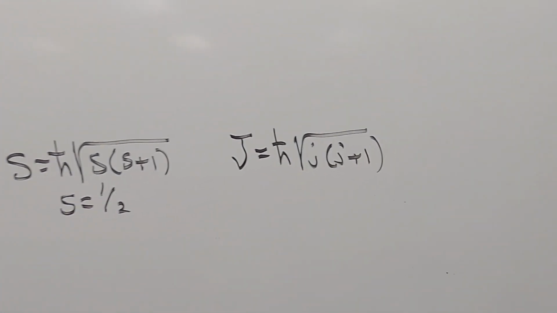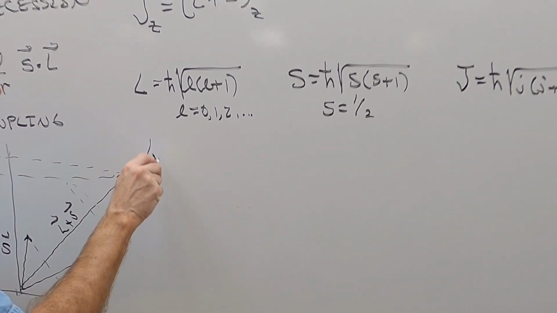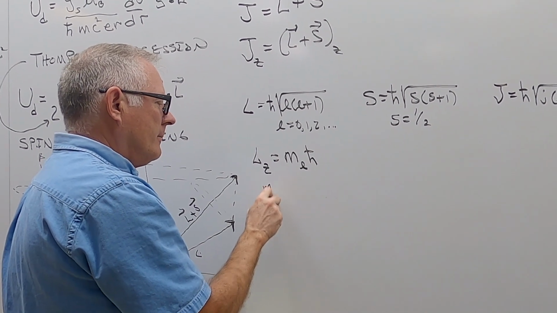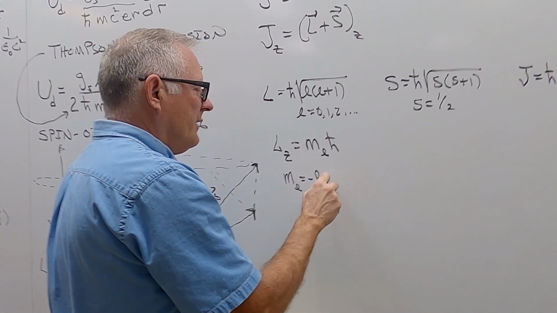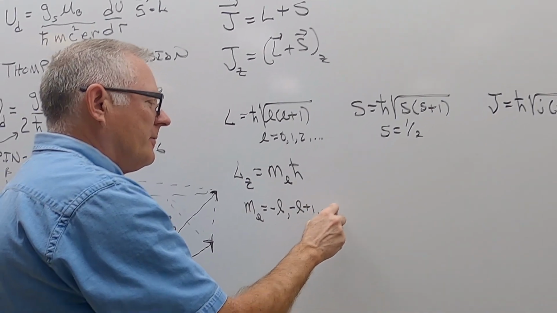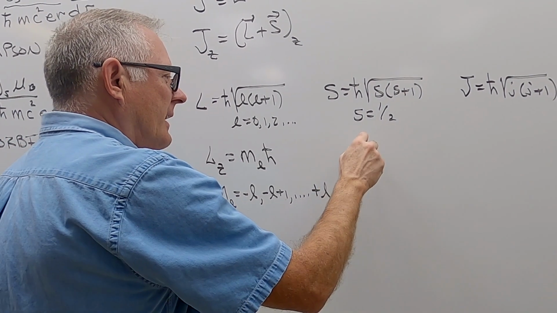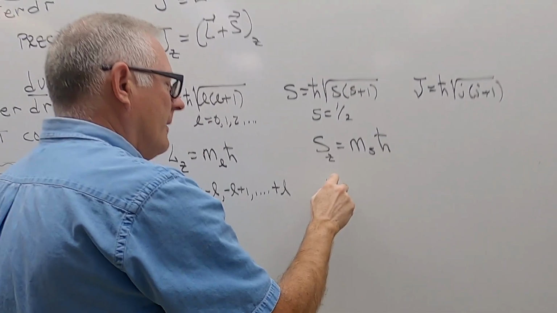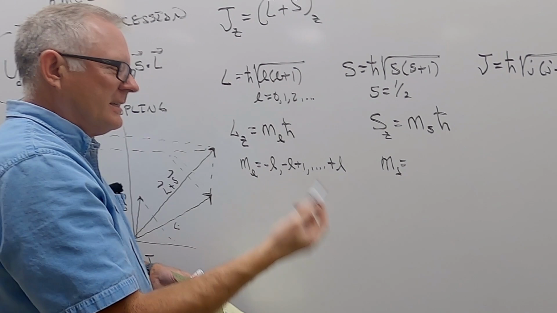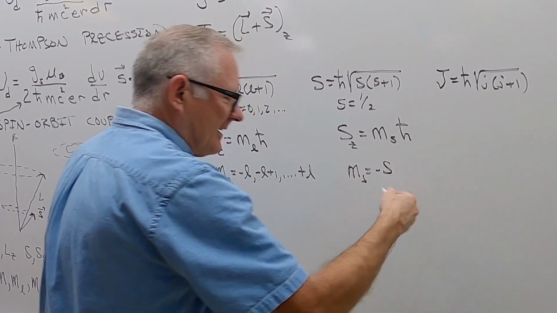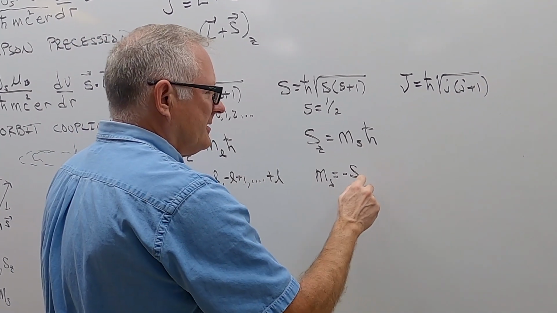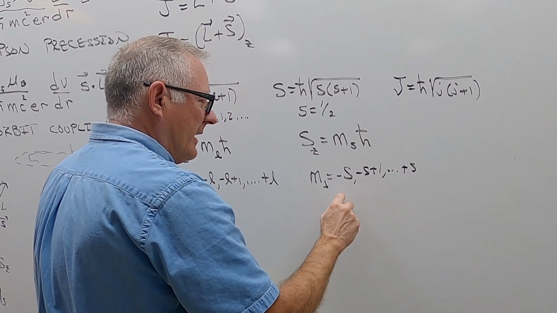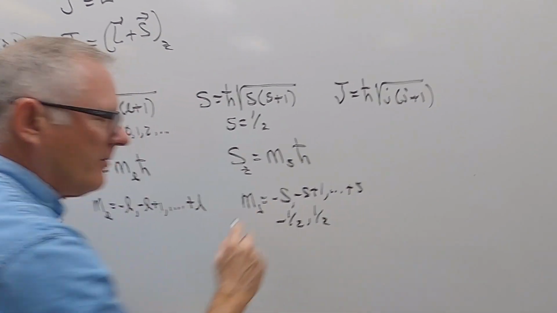Likewise, we had L sub Z equal to m sub L ħ, where m sub L went from minus L, and then you added 1 to it, minus L plus 1, all the way up to plus L. Then over here we had S sub Z equal to m sub S ħ, where m sub S goes from minus S to plus S, but there are only two values, minus 1/2 and 1/2.